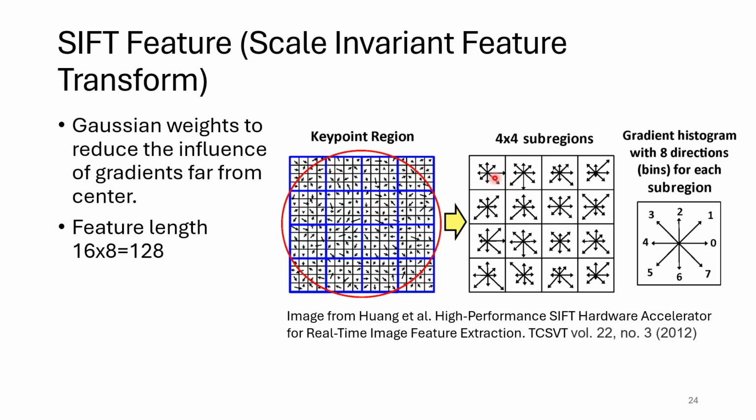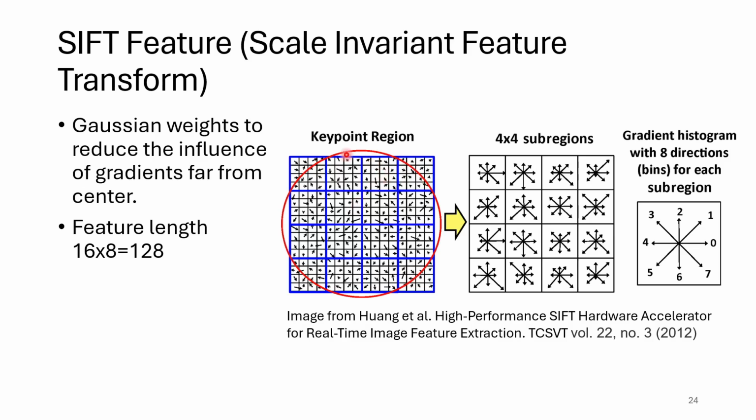So totally they create a feature vector. The length of the feature vector is 128, because there are 16 subregions and within every subregion there are 8 bins. That is the real SIFT feature.